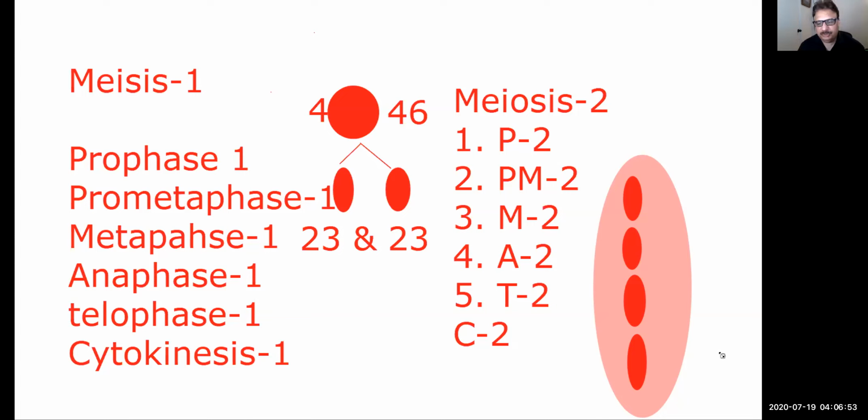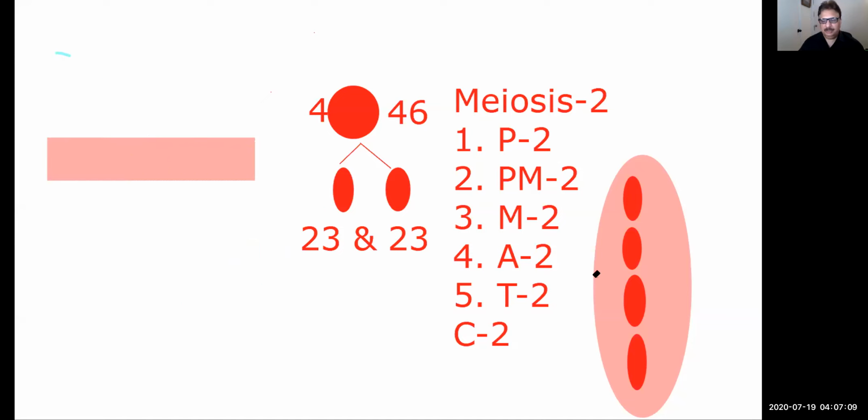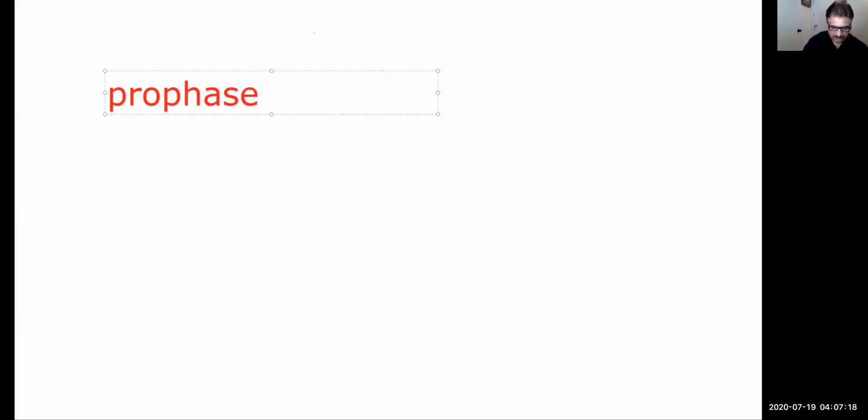Another very interesting thing happens in meiosis, and it occurs in prophase 1. What happens there? Let's say in a family there are 2 or 3 kids. They don't resemble each other.